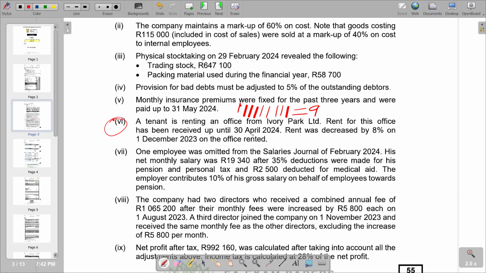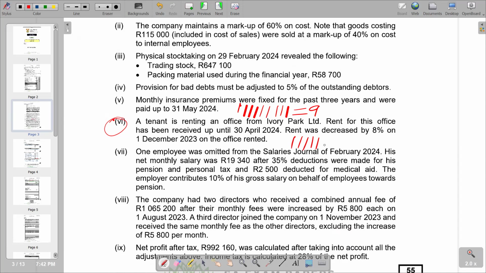So after the decrease, it's now from 1 December. So we've got December, January, February. Then the year ended, but the rent was received up until 30 April. So we have also March and April. So we've got 1, 2, 3, 4, 5.